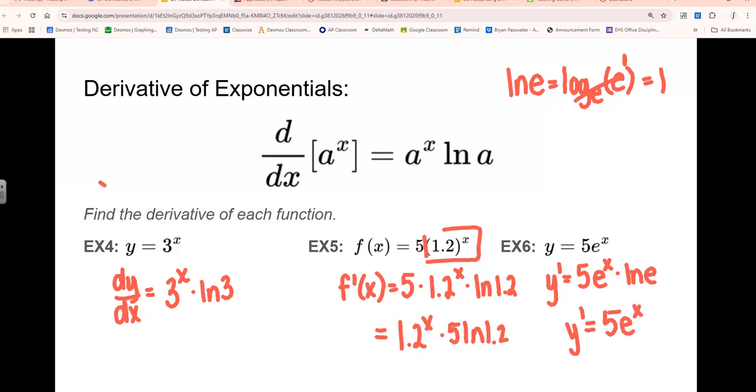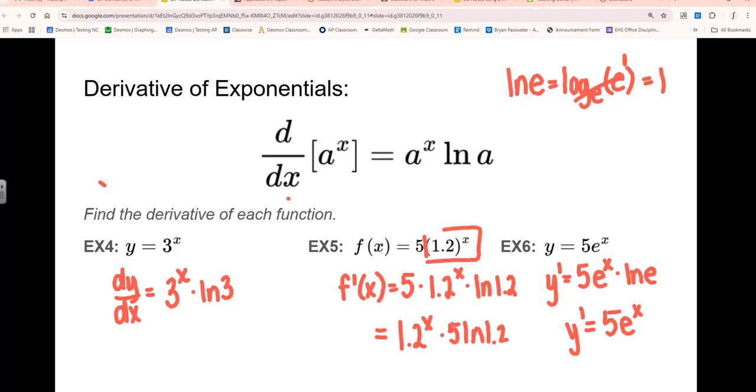Here is the good news. Most of the time, they give us exponentials that have a base of e. Okay, so I started with this rule because this rule applies even when our base is e.